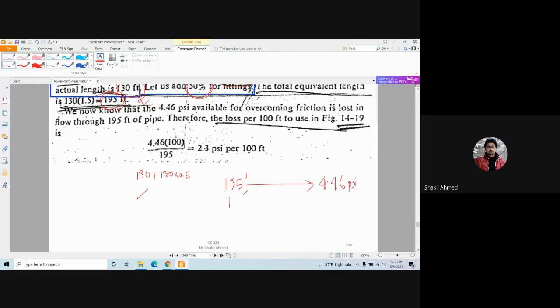For 1 foot, this is 4.46 divided by 195. For 100 feet, you have 4.46 divided by 195 into 100, which is 2.3 psi per 100 feet.